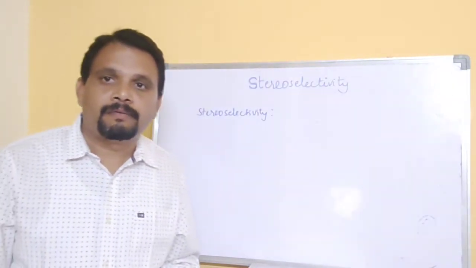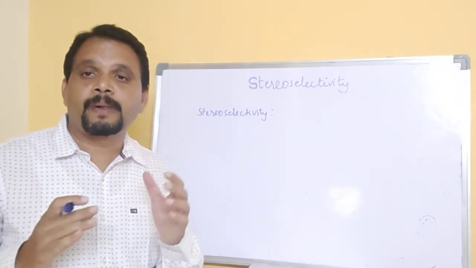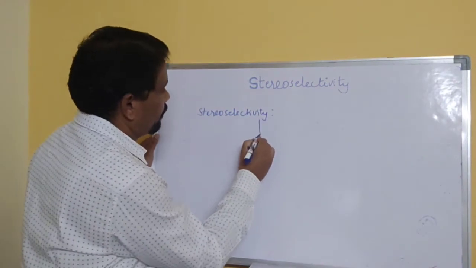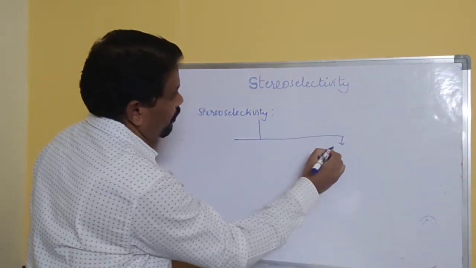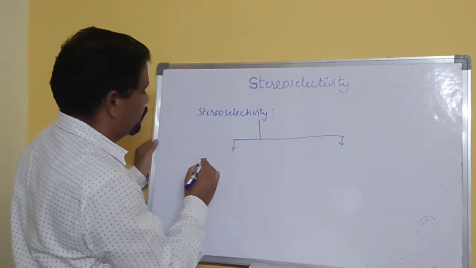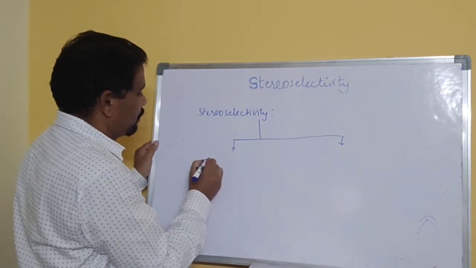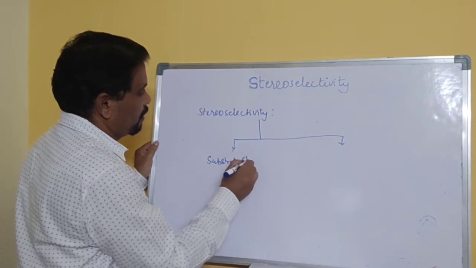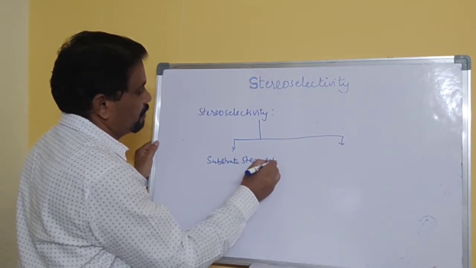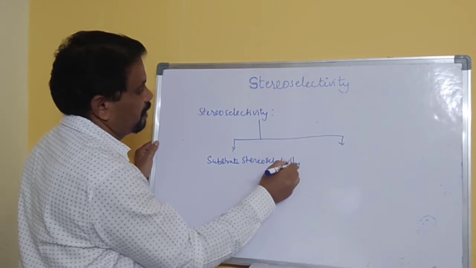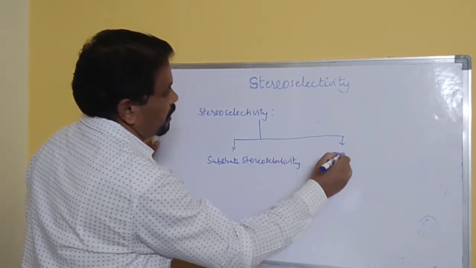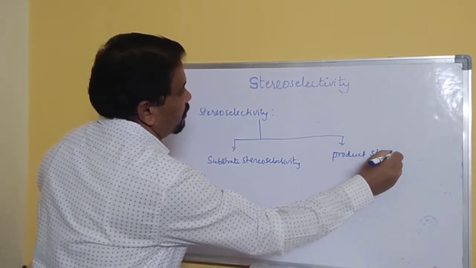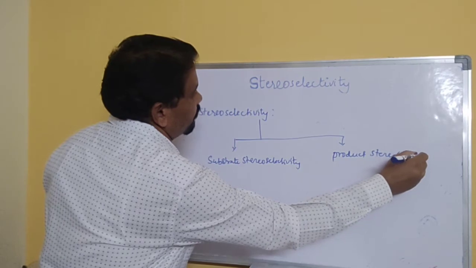Stereoselectivity can be further classified into different classes: substrate stereoselectivity and product stereoselectivity.